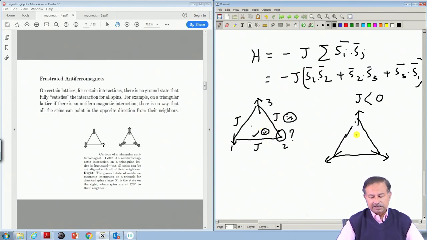Whereas, with a classical spin, of course, you can rotate the spin in any direction, you could get this kind of compromise solution with 120 degrees angle between the two. These are called frustrated systems. Degeneracy is an interesting thing, because once you have a degeneracy, that has a higher entropy. So, these states carry higher entropy.